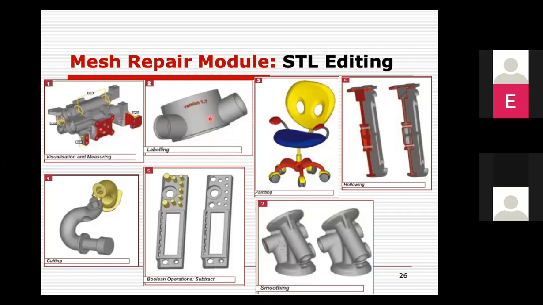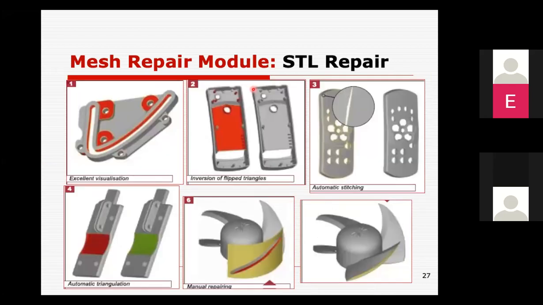So we need to have such tools to do these kinds of manipulations, or mesh repairs, or sometimes even visualization, or flipping of the triangles, or flipping of the normals, or stitching of these triangles. You may have several reasons why the STL file is bad, so how do you fix those problems?